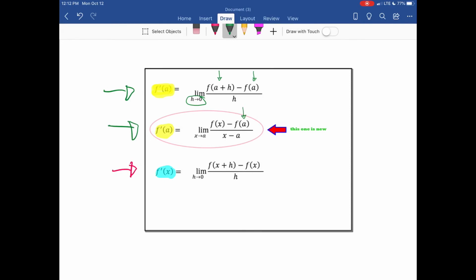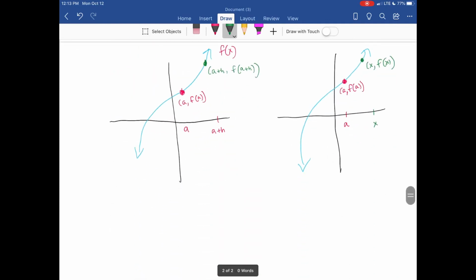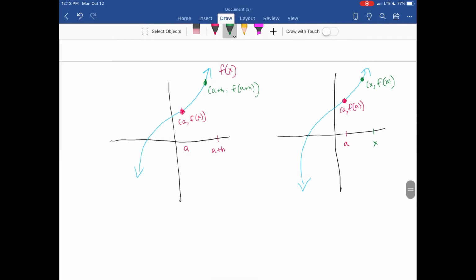Here's this arbitrary point A, and here's this x that's near it, but let's see what happens as x gets closer and closer to A. So if you look, this one right here identifies A, and this x value that's h units from it, and then we want to see what happens as we narrow that gap.